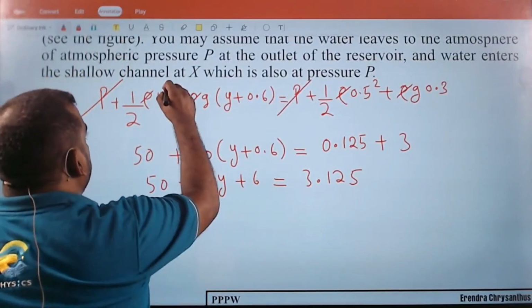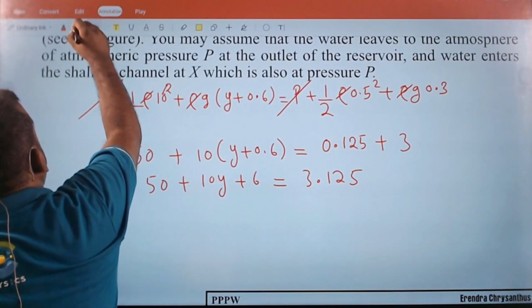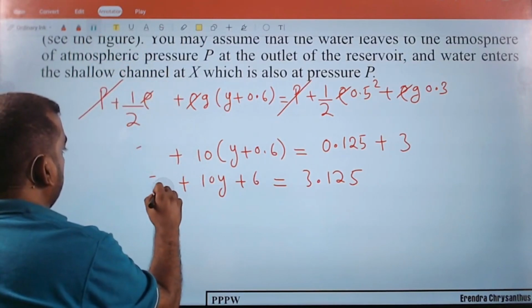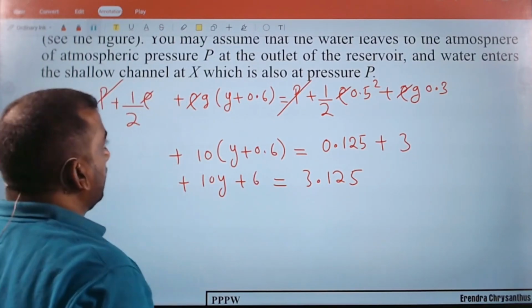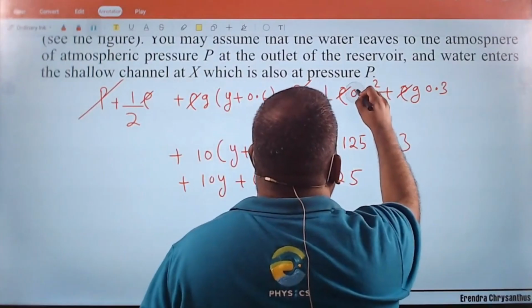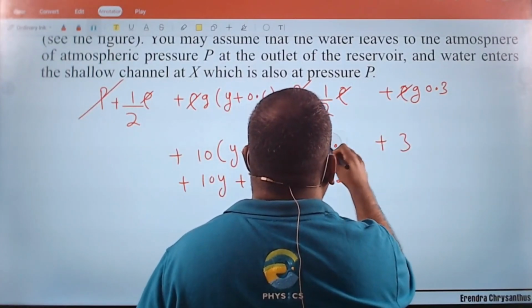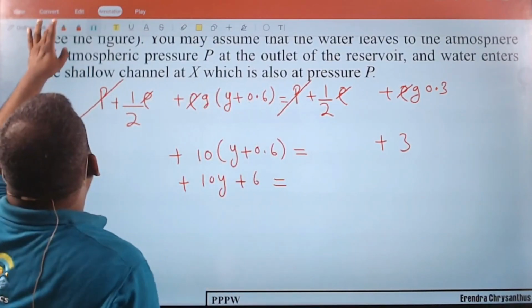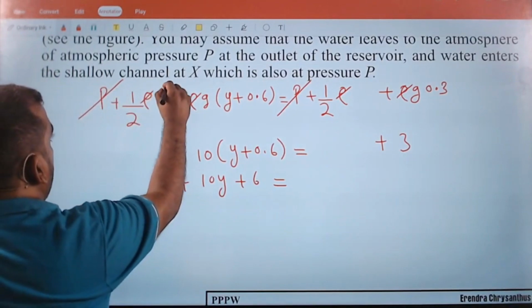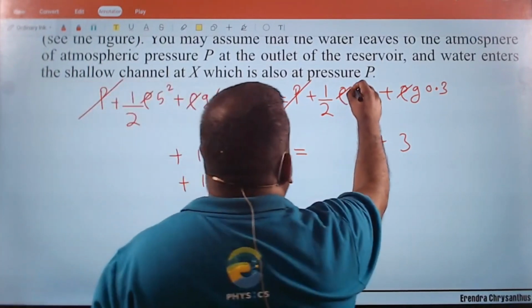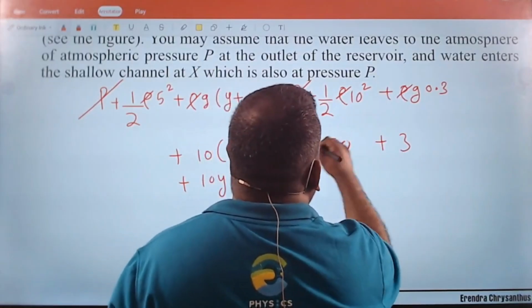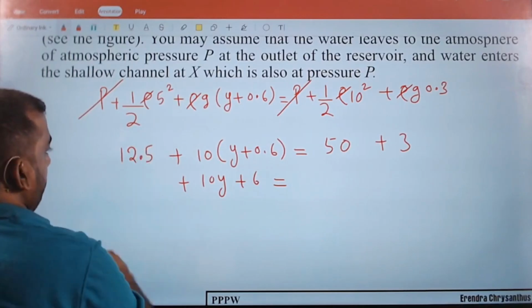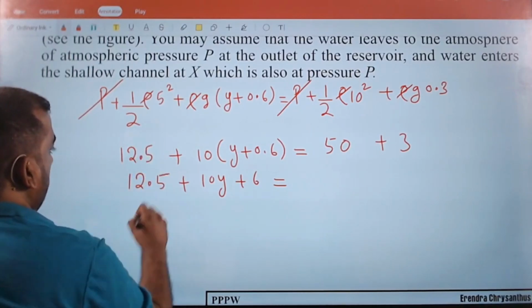So stage 1 is 5 velocity. Stage 2 is 10. Be careful with the velocity, it can go wrong. 5 square, 10 square. So 50 here. 25 divided by 2, 12.5.